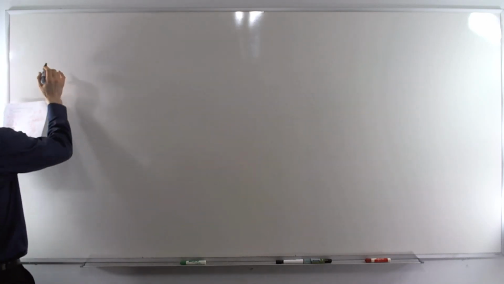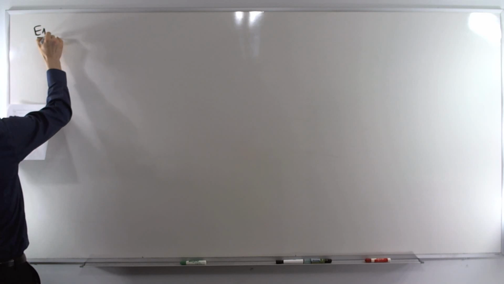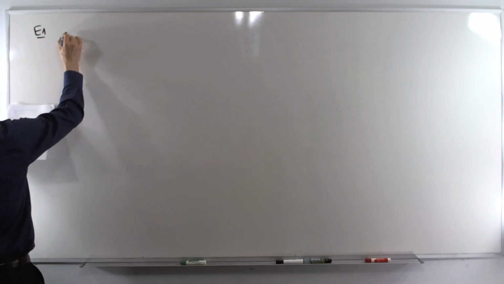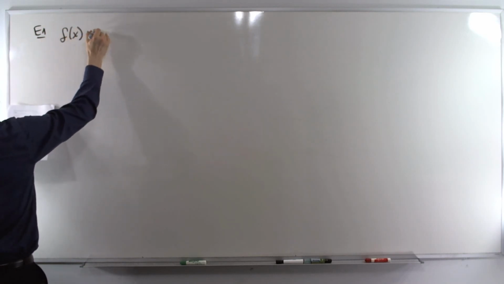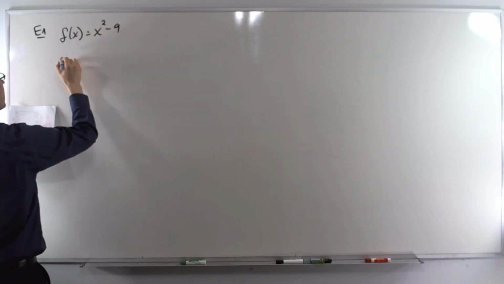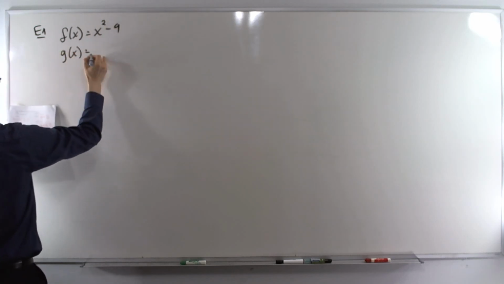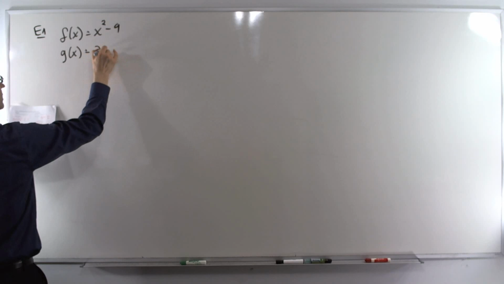All right, so we're going to do f of x equals x squared minus 9. And g of x equals 2x.